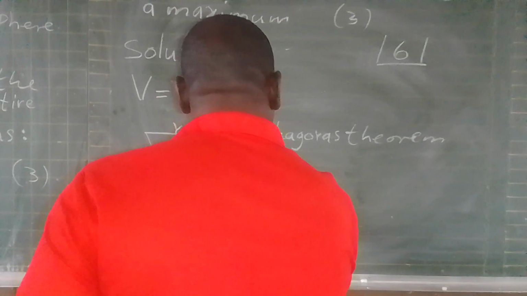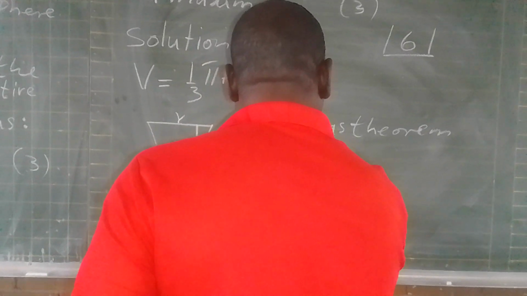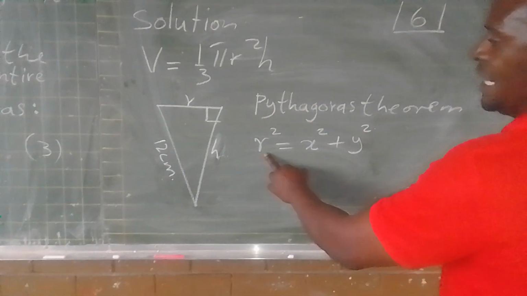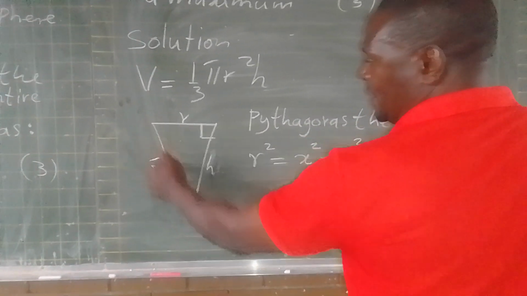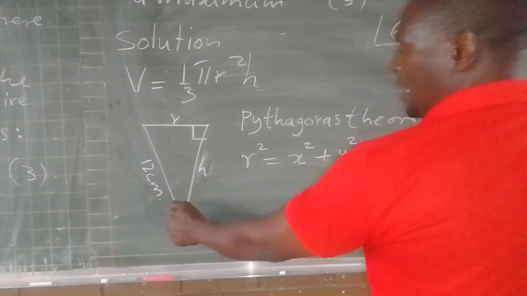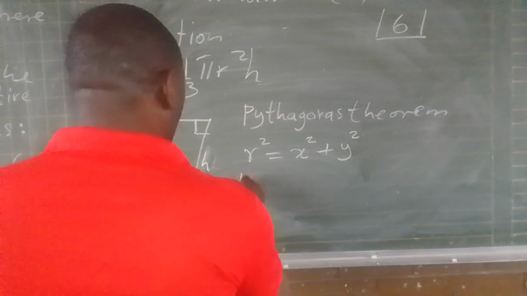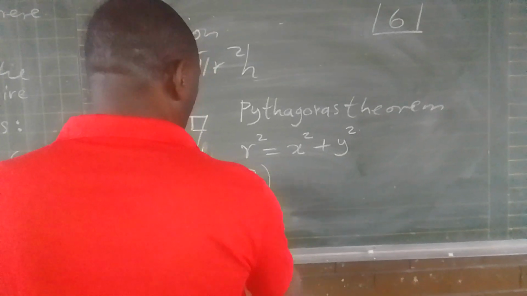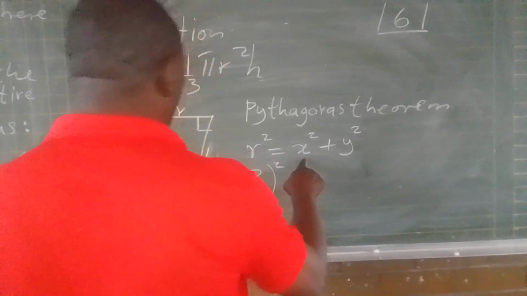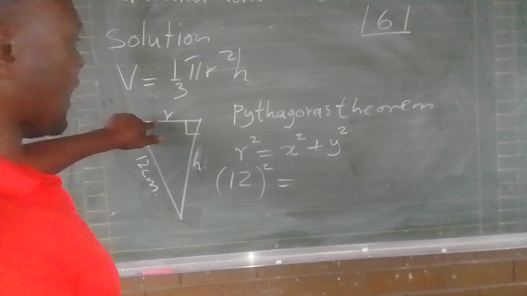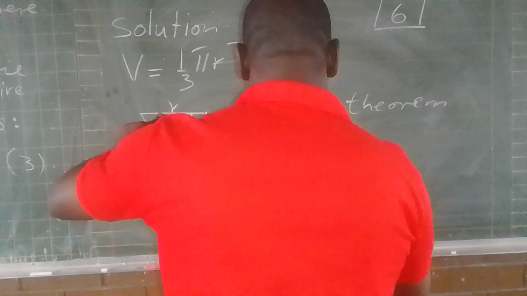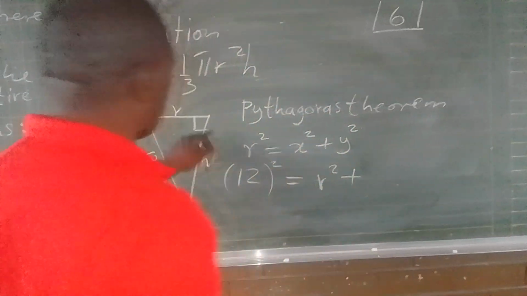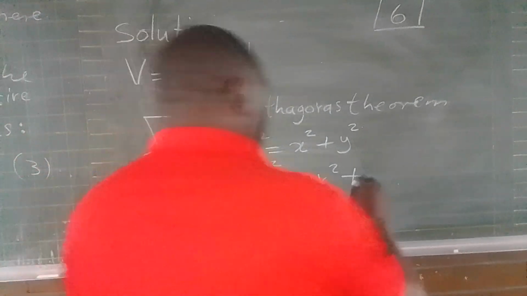R squared is equal to x squared plus y squared. So the hypotenuse here is going to be this one, it's 12 centimeters. 12 squared is equal to, here the x is R squared, and the y is h squared.